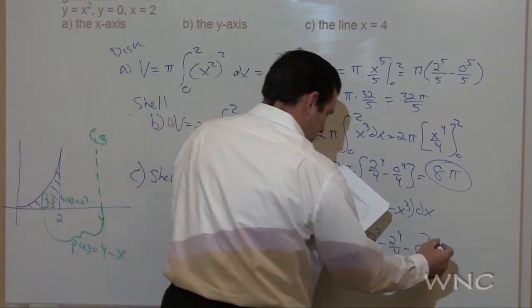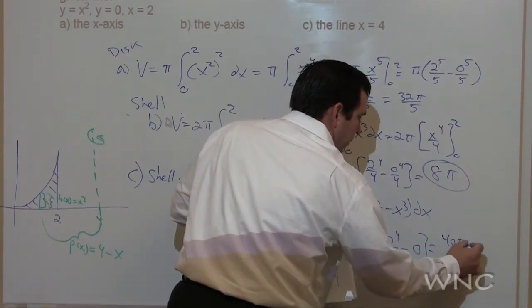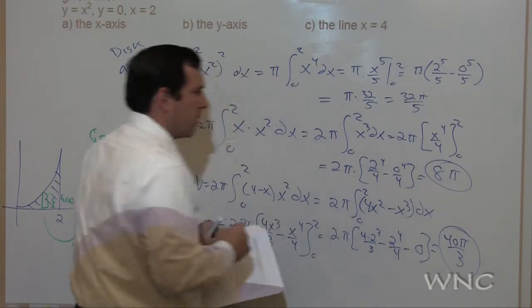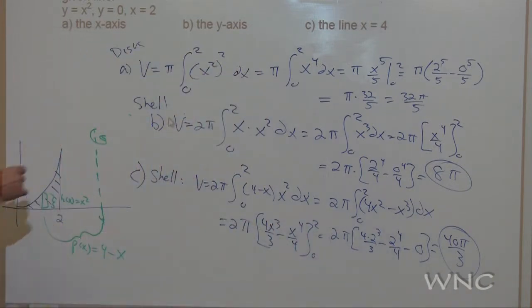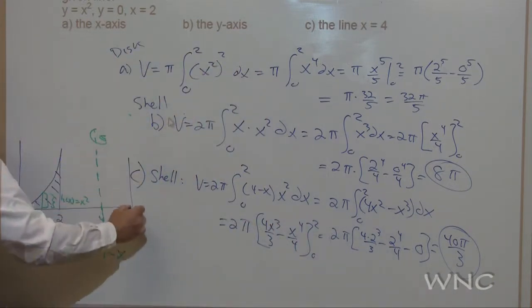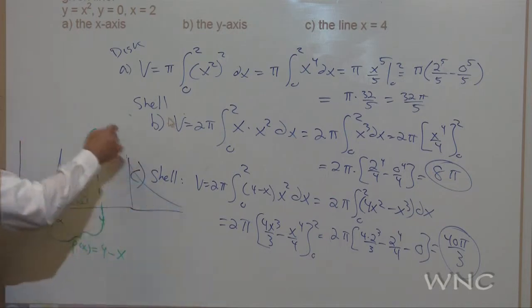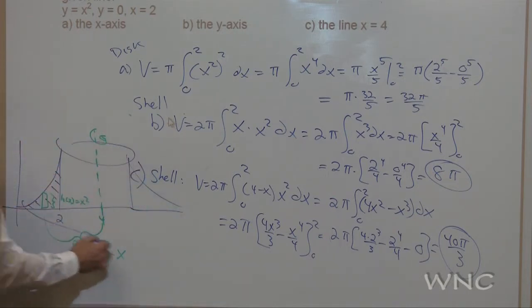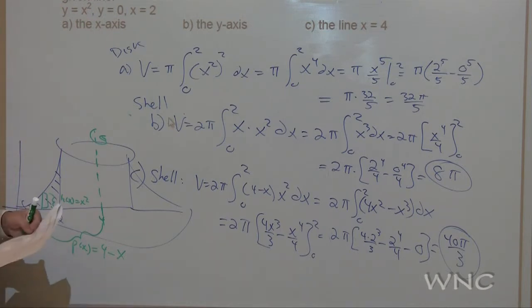That's going to give us 40 pi over 3. Okay. That's our last one. So this is going around this shape. You're going to get this over here. Some of those fun shapes you get to draw in your CAD class if you're an engineering student.